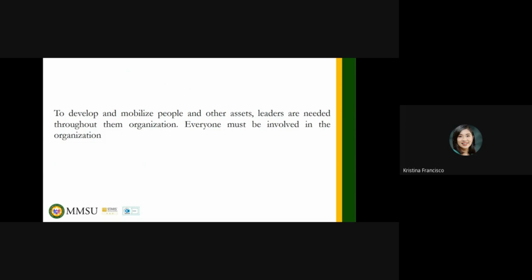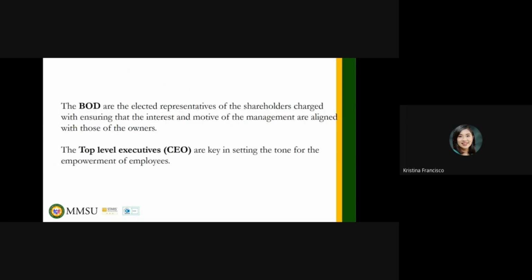Kasi we cannot achieve our goals naman without the help of employees. So as much as possible, as leaders in the future, we must be able to let them know, discuss with them, ano ang plan natin, anong strategic plan natin, what are our vision, what are our mission, what are our goals, so that they will contribute in achieving that strategic plan.